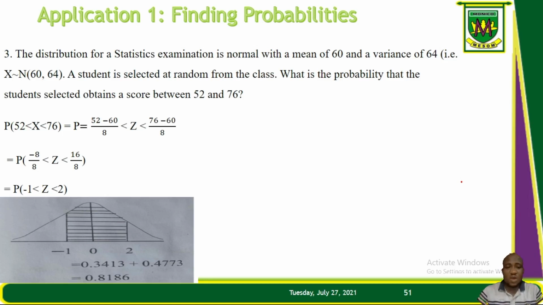Since we are considering the scores between 52 and 76, you can see that we are now on the two-tailed direction. We are not considering any specific side, whether we are going the left or the right way.